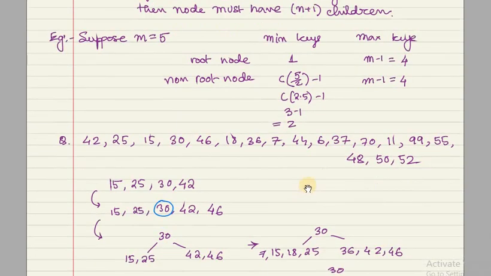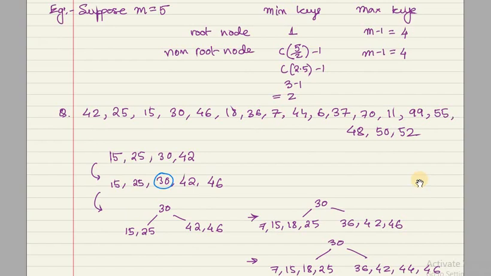So I have now written an example here in order to understand how to apply it in a real scenario. We have m equal to 5 here, we have the values here. Now we try to put it in the example. We have an example here, 42, 25, they all come in the shown order, from left to the right.